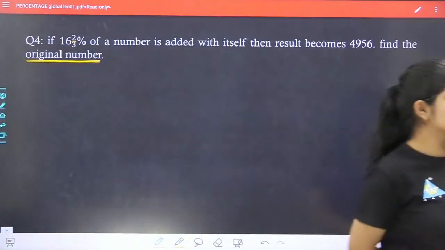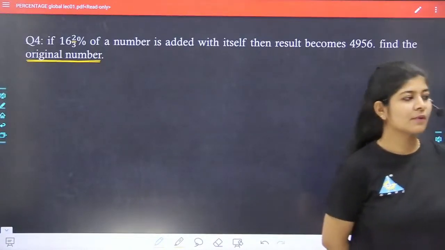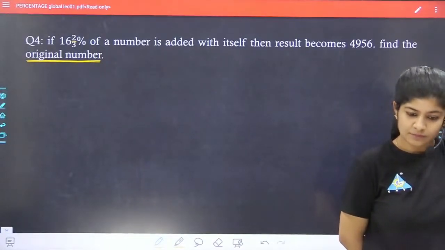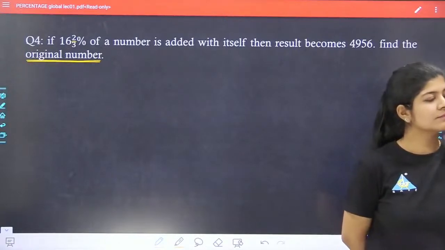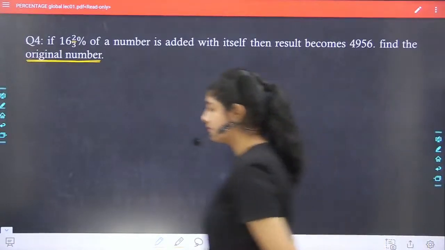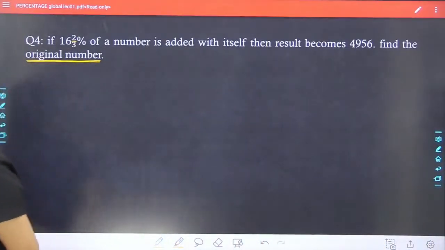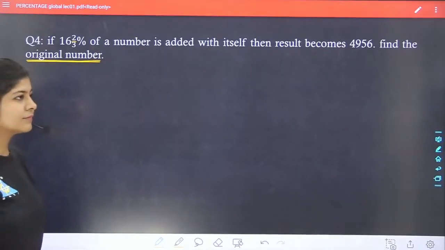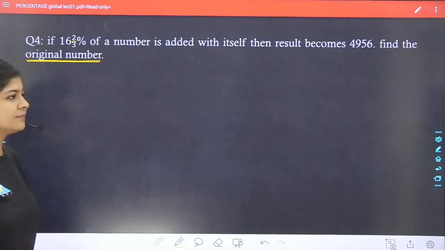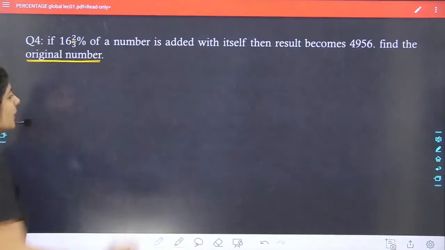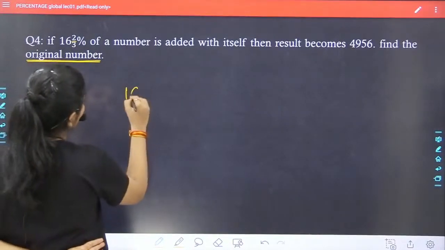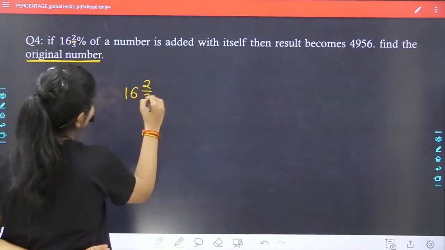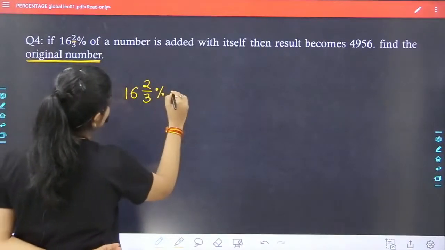Anyone in the comment section? Okay. What is the value of 16 2 by 3% in fraction?